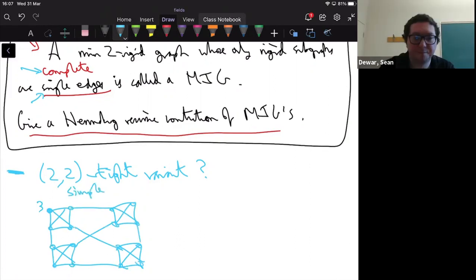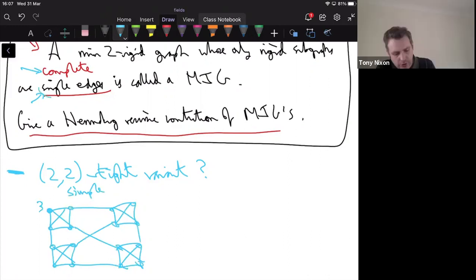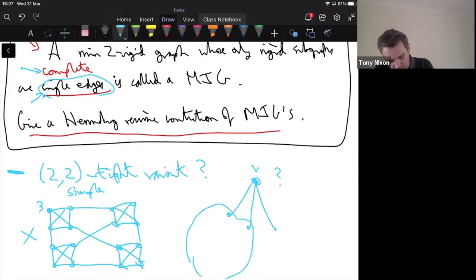Yeah. So if you said the only rigid subgraphs are single edges, then this graph would disappear. But even in the 2-3 world, I have no idea how to do a reduction at a degree 3 vertex, because it might be that there is a large set here with 2x minus 4, where I'd be perfectly happy adding the edge in and still being 2-3 tight.